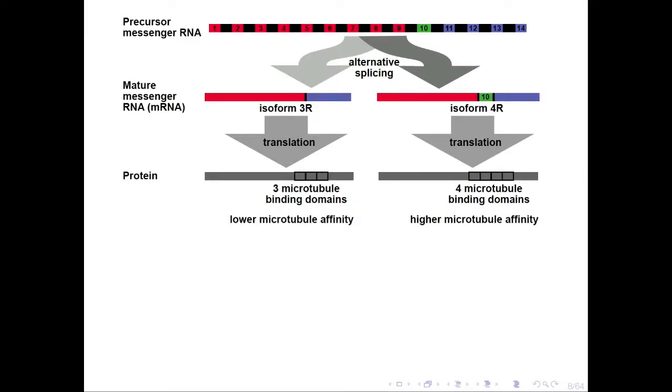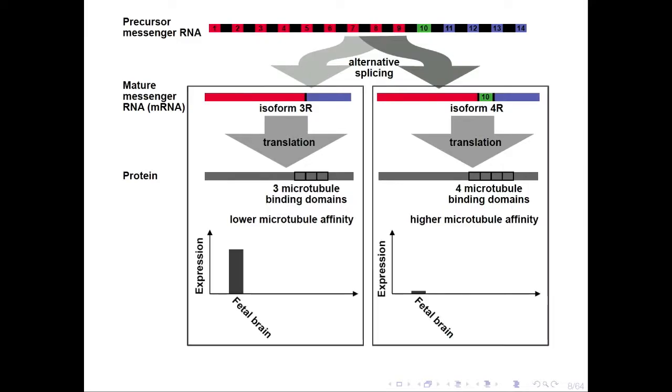As you might imagine, if you have more microtubule binding domains, you end up with higher microtubule binding affinity. This effect is actually even bigger than you might think, because it turns out that exon 10 encodes one of the strongest microtubule binding domains.